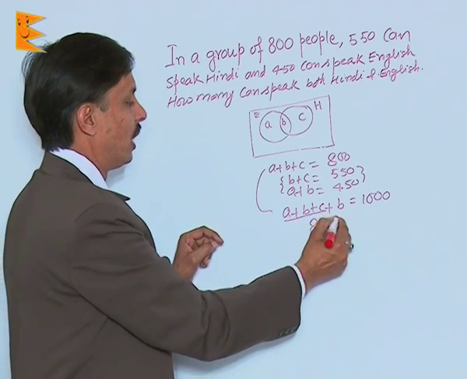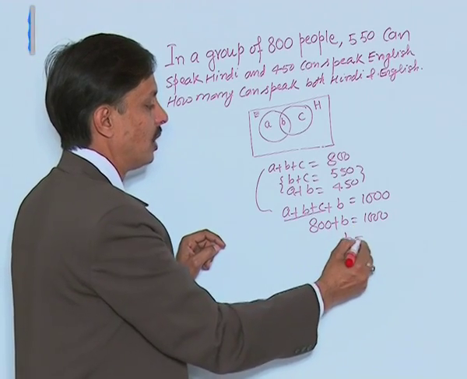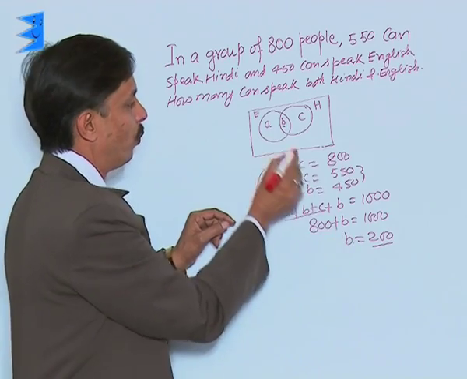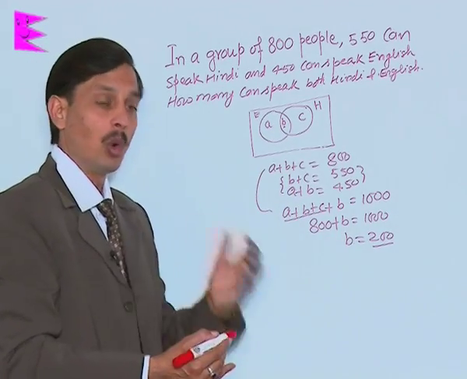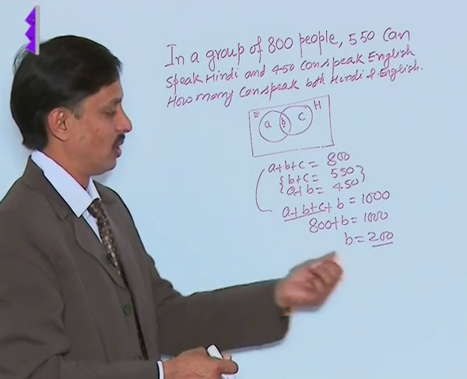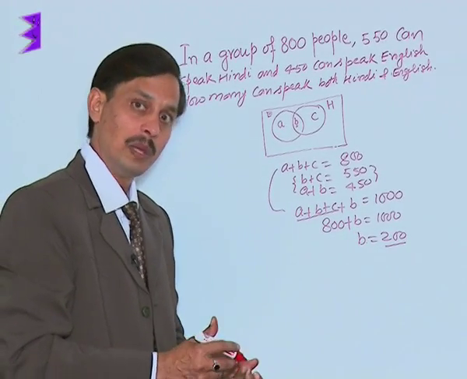So this becomes 800 plus B is 1000, hence B is equal to 200. And B is the number of people who can speak both the languages. So the answer is that both the languages can be spoken by 200 people.